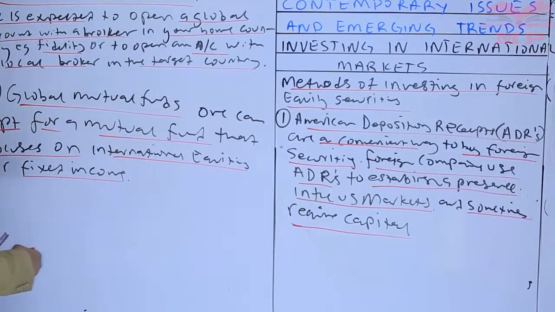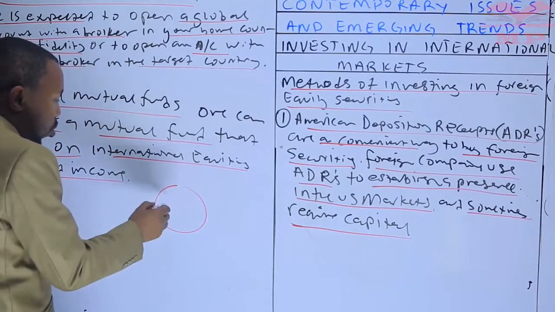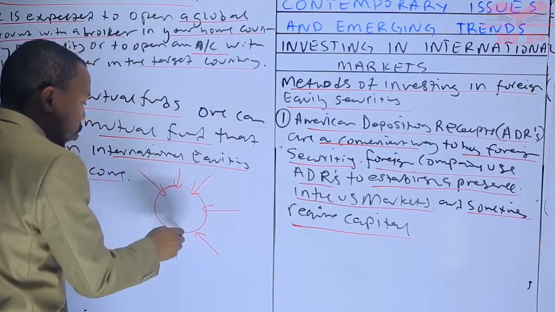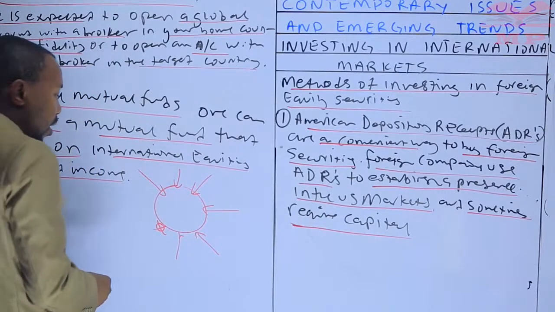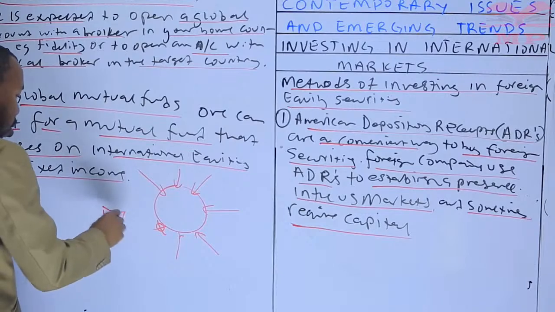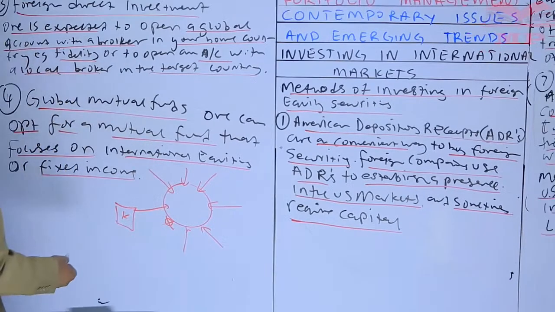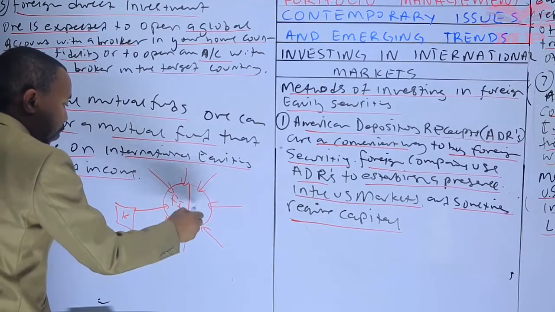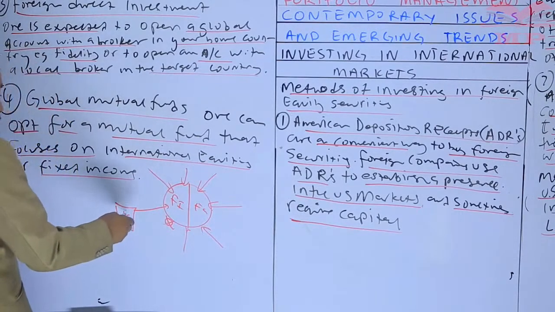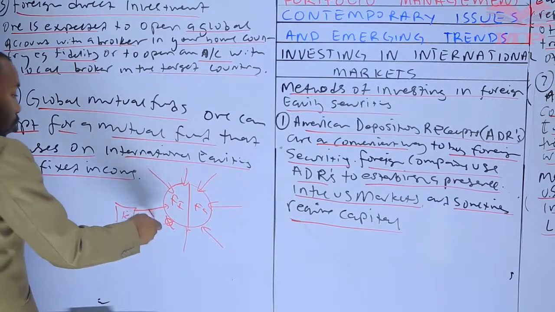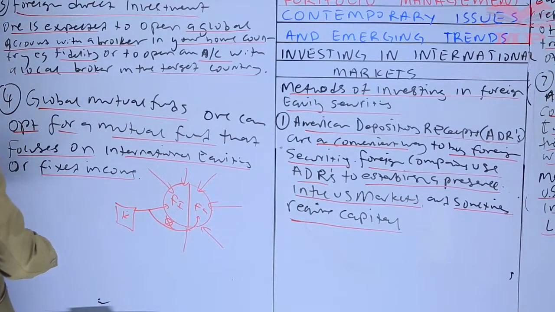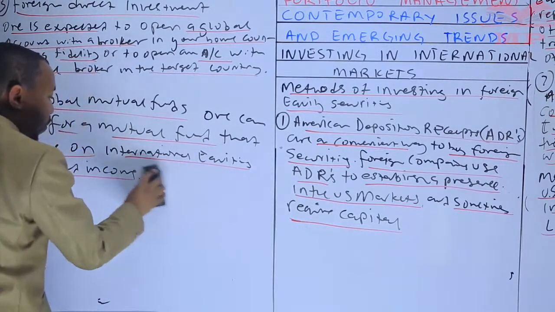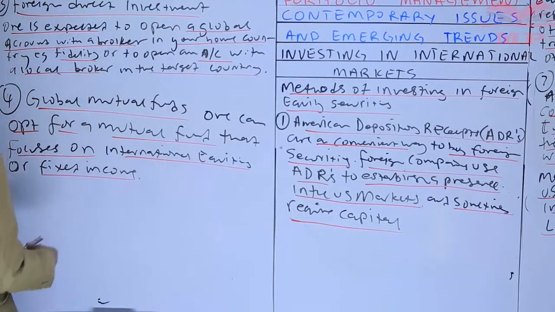That's it for global mutual funds, by investing in a pool of products. This mutual fund accepts funds from all over the world, and it is professionally managed by a portfolio manager. So say this is Kenya, and you invest in that mutual fund, which could be divided into fixed income and equities. Investors invest in the fixed income part, and they also have an option to invest in the equities of international markets. These are mutual funds that are available to international investors.